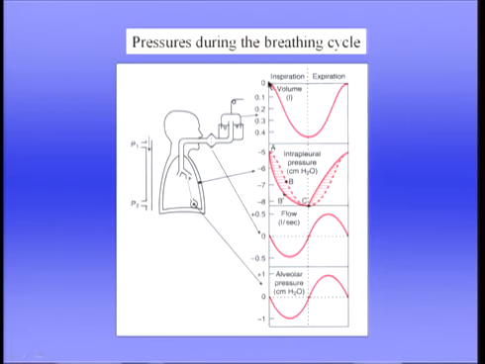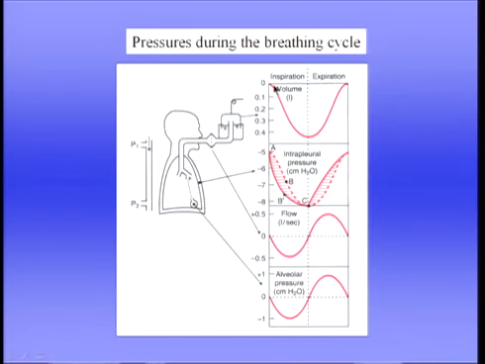The subject takes an inspiration, and in this case, inspiration is downward. And at the end of inspiration, he stops breathing in, and then he has an expiration. So the plot of volume against time, of course, is relatively simple. That's no problem there. Now let's drop down to the third panel here and look at the flow.